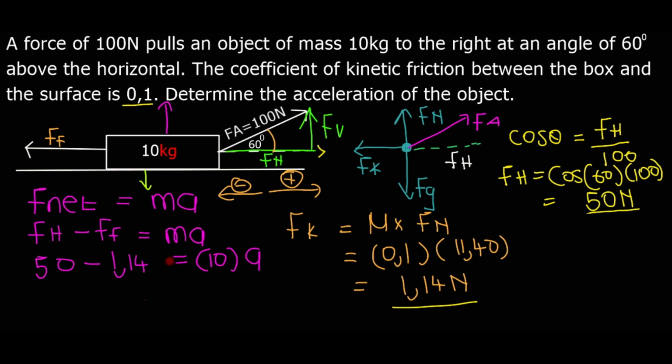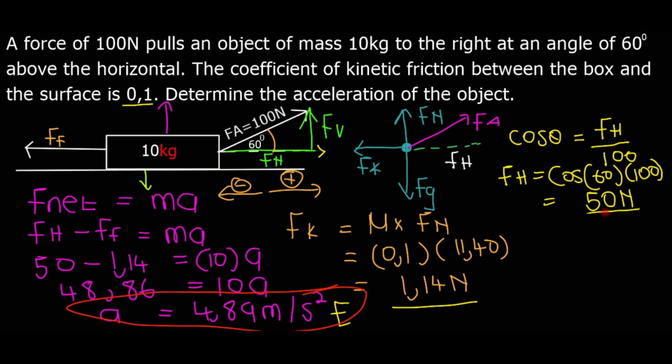From there, 50 minus 1.14 gives 48.86 equals 10a, and then we divide both sides by 10. So our acceleration equals 4.89 meters per second squared east.